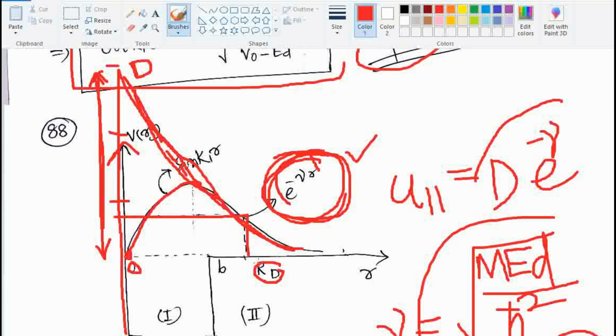This is the 1/3 part, because we are taking 1 by e of this whole d. This is the value of d from this to this, and you take 1 by third. This point is meeting here, and you just put a perpendicular on the r axis, and you will get the value of rd.